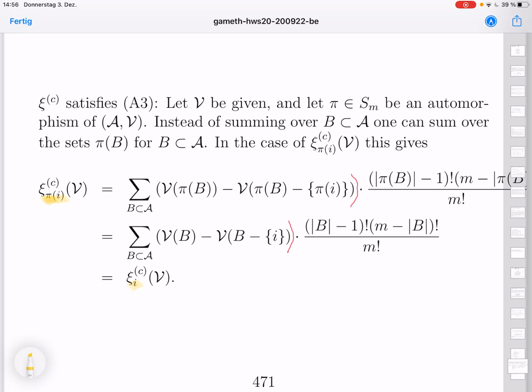But we start with the index pi of I, and so then we can sum over all B or over all pi of B. So we can sum over all B. And here instead of B, we can also consider pi of B, and here also pi of B. That doesn't matter. And also here pi of B, and then there also pi of B. That doesn't matter.